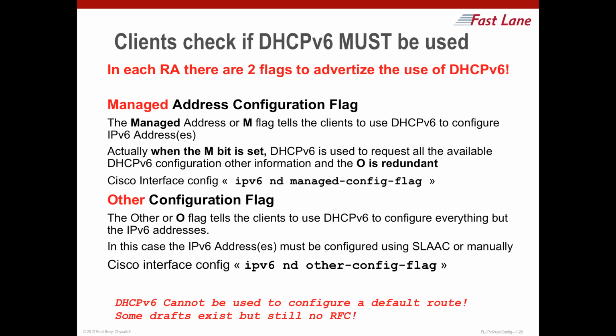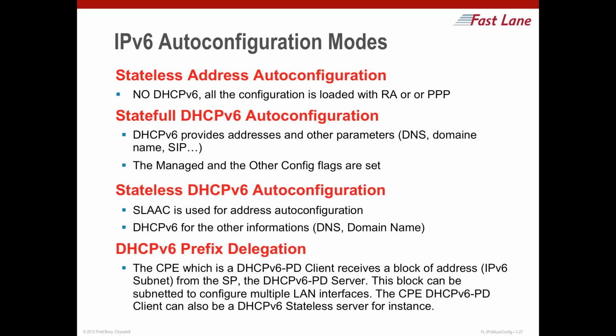When the O flag is set only, it means use DHCPv6 only for servers and for domain name, for instance, but not for address, not for any prefix. DHCPv6 cannot be used to get a default route. So again, we cannot rely only on DHCPv6.